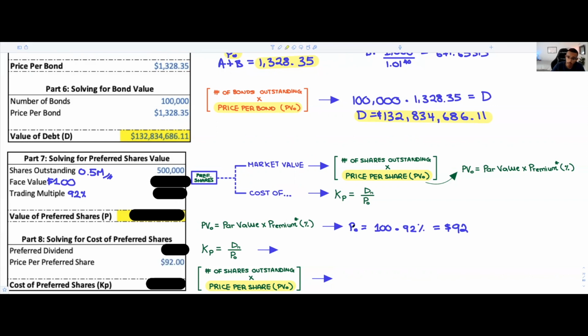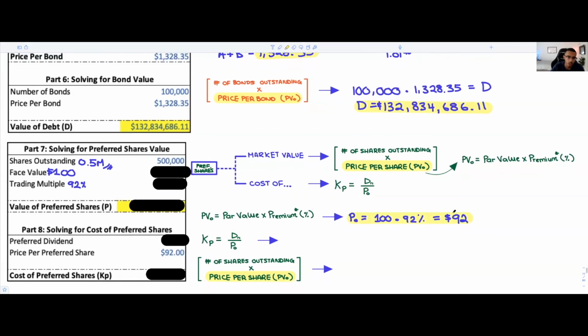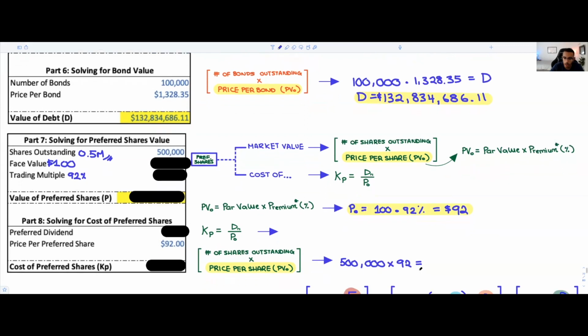Now that you have that, we'll skip a step and go straight into finding the value of our preferred shares. Because we know we have 500,000 preferred shares outstanding, and they're trading at $92 each, we can find the value of preferred shares.